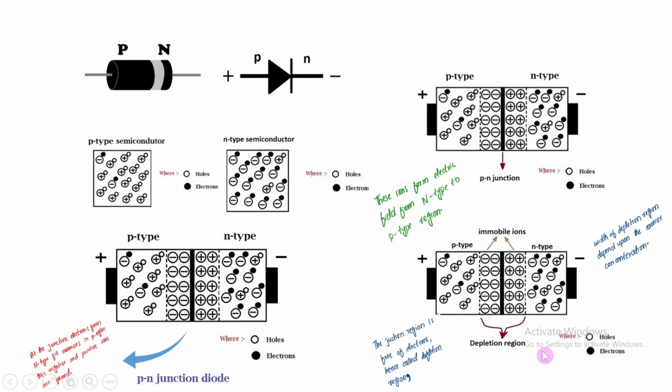But if that external voltage is increased and reaches 0.7 volt or exceeds it, then this potential barrier will be gone. It will vanish, and all these electrons will start moving towards the p-type region and recombine here, and this diode will behave as a conductor. It will allow the charges to flow.